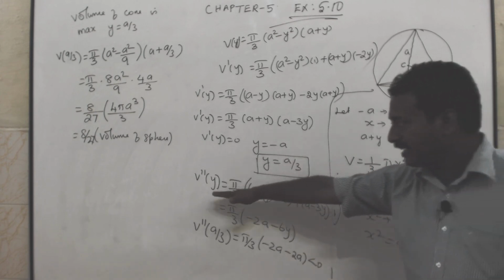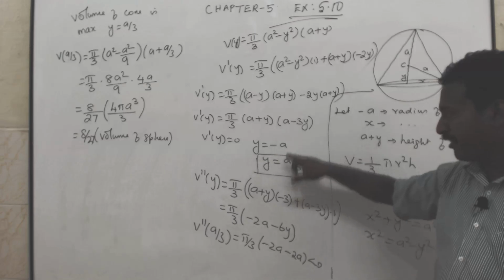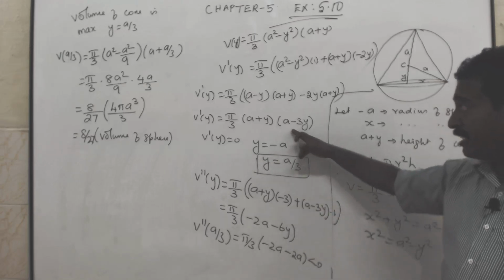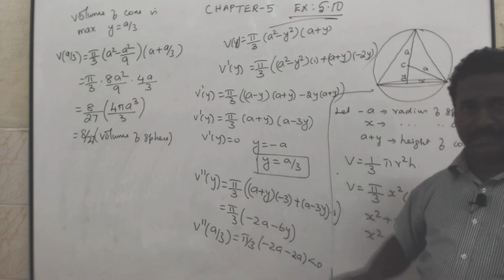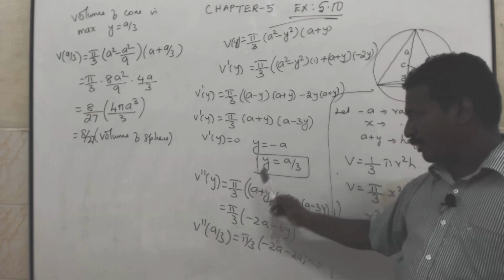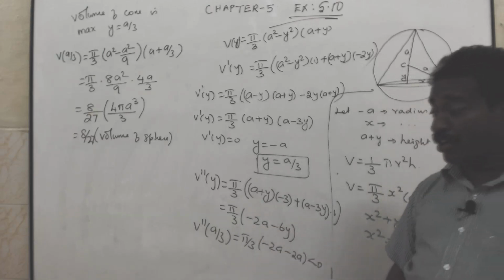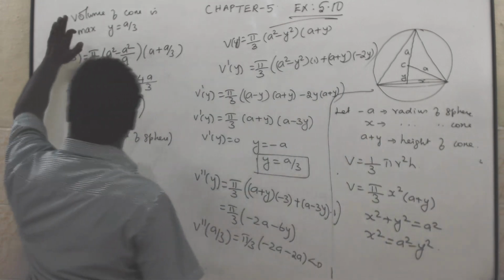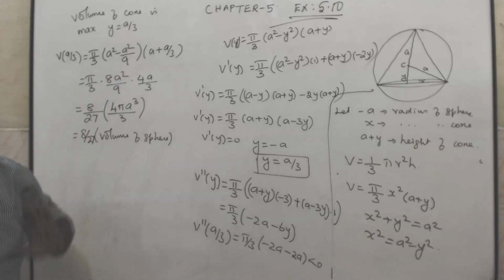Then find the second derivative. Once again by the uv method, u into differentiation of v plus v into differentiation of u. If we multiply and simplify, we get this result. In the second derivative, substituting y equal to a by 3, we get negative. Negative means volume is maximum. Volume of the cone is maximum when y equals a by 3.